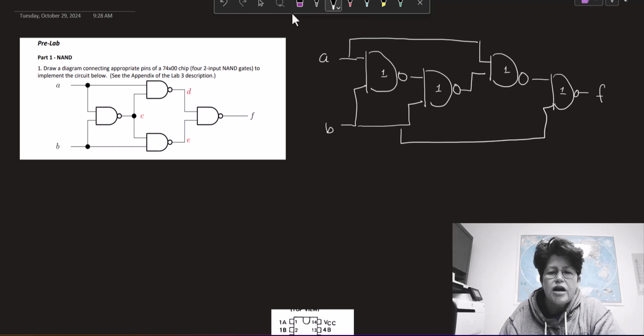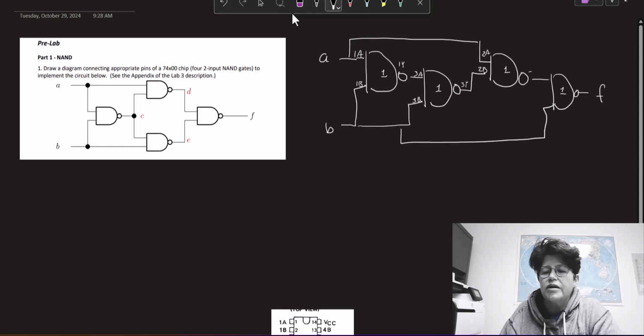For this first one, I'll use 1, so this will be 1A and 1B, and the output will be 1Y. I'll use 3 for this one, so 3A, 3B, and 3Y. Then I'll use 2 for this one, so 2A and 2B, 2Y. And then 4 for the last one, so 4A and 4B, 4Y.